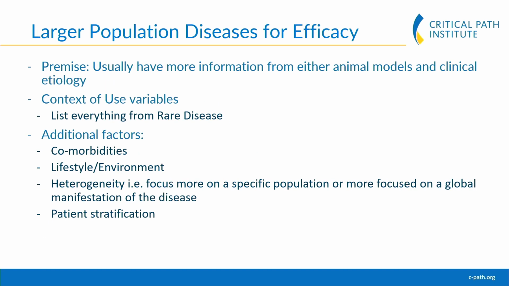And for large populations, the premises usually have more information from either animal models or clinical etiology than for rare diseases. For context of use variables, first we would take all the things from the rare diseases and include those, plus additional factors for large populations: comorbidities, lifestyle, environment, heterogeneity, whether you want to focus on a small population, say for diabetes, or look at something overarching over all patients with diabetes.